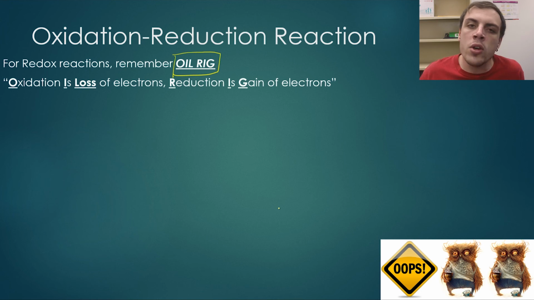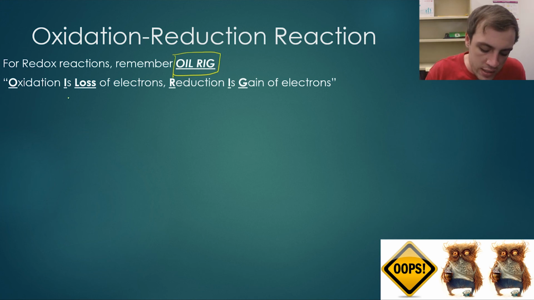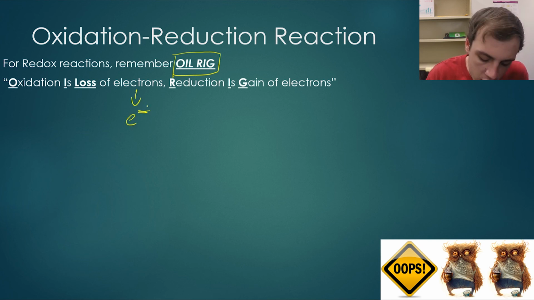Now, again, what you must remember is, and this is again an area where students often get stuck, is they go, oxidation is the loss of electrons, so if an element gets more negative, then it must be oxidized. And the answer is no, because you remember that oxidation is the loss of electrons, and electrons are negatively charged.